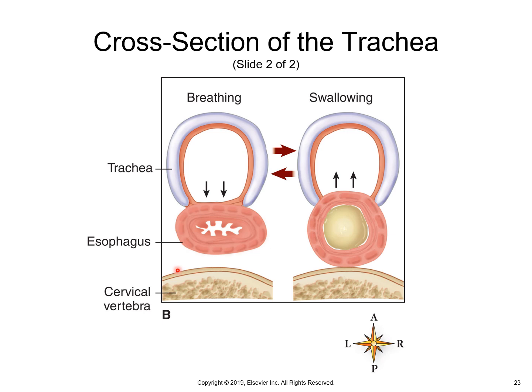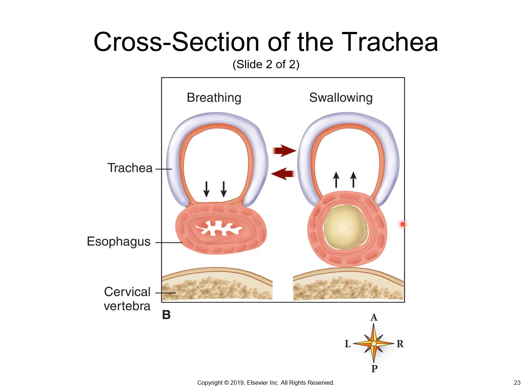The esophagus is collapsed, and the reason is that no food needs to pass through. The C-shaped cartilage rings in the trachea provide the support to keep the airway open.